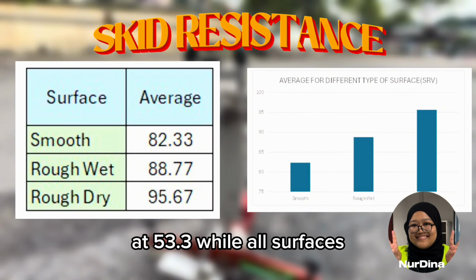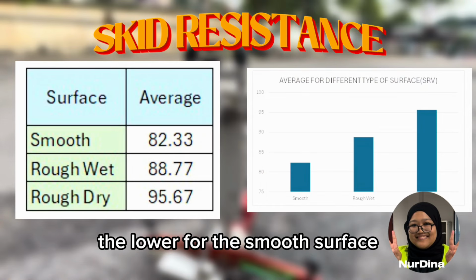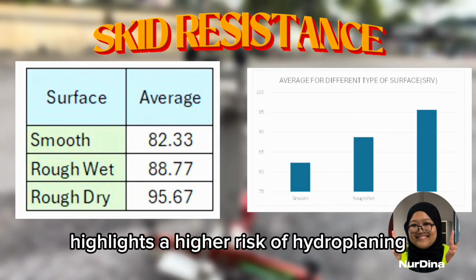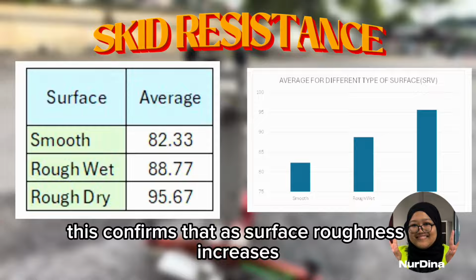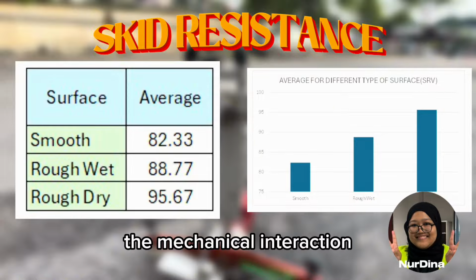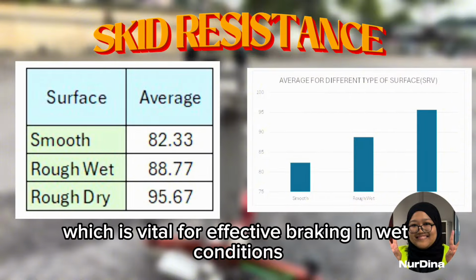While all surfaces technically meet the standard safety threshold for good skid resistance, the lower value for the smooth surface highlights a higher risk of hydroplaning. This confirms that as surface roughness increases, the mechanical interlock between the tyre and the pavement improves, which is vital for effective braking in wet conditions.